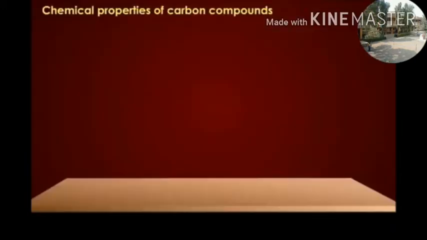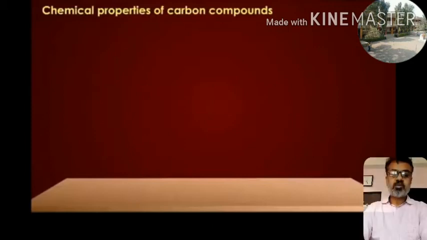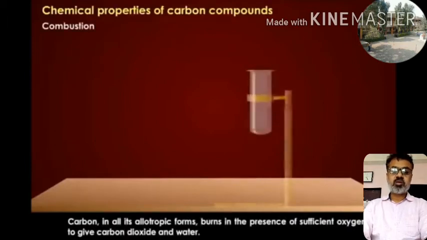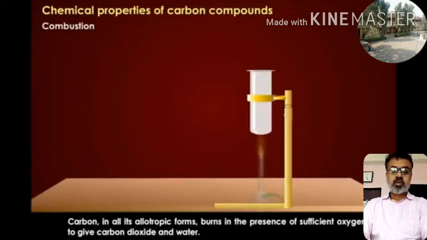Here we see the combustion of carbon. Carbon in all its allotropic forms burns in the presence of sufficient oxygen to give carbon dioxide and water. If carbon is burned in excess of air, it gives carbon dioxide and water. This reaction is accompanied by the release of heat and light.